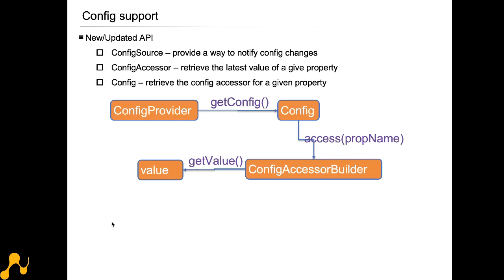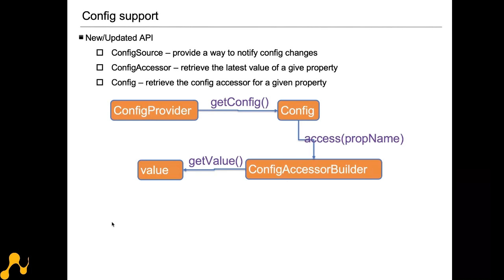One of the changes is that we are going to introduce another layer called config accessor. Basically, you get the config from ConfigProvider.getConfig, the big config object, and in that config object we can plug in another layer.